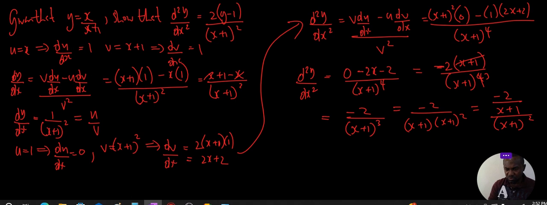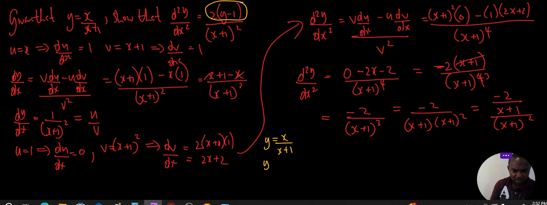And of course we try to see if this part compares to what we're supposed to get, which is 2 times y minus 1. Right? Now let's look at what that gives us. We have y is equal to x over x plus 1.